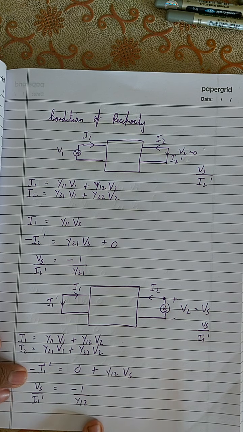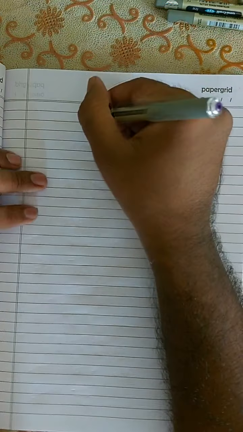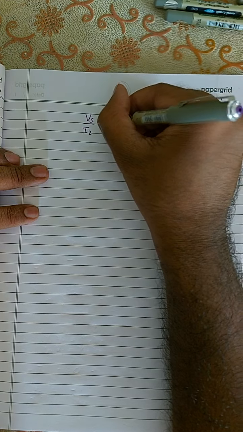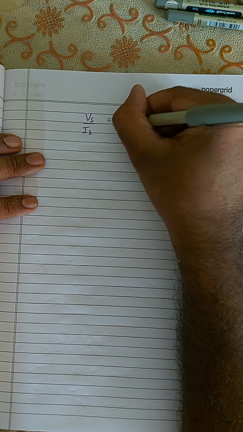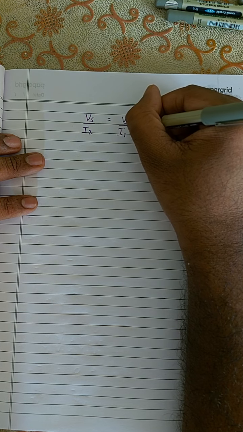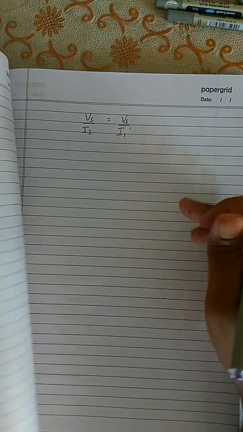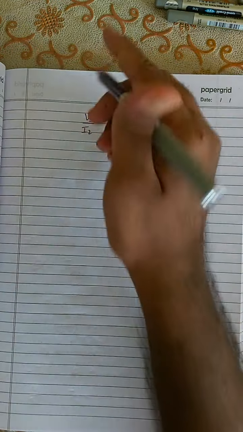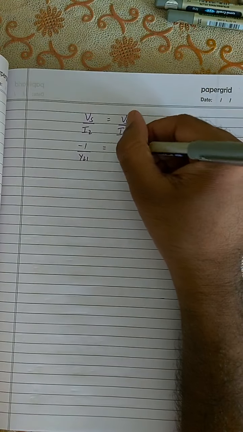A network is said to be reciprocal if the ratio of the excitation and the response is equal to the ratio of the excitation and the response when they are reversed. So Vs by I2 dash is equal to Vs by I1 dash. Vs by I2 dash is minus 1 by y21, and Vs by I1 dash is minus 1 by y12.